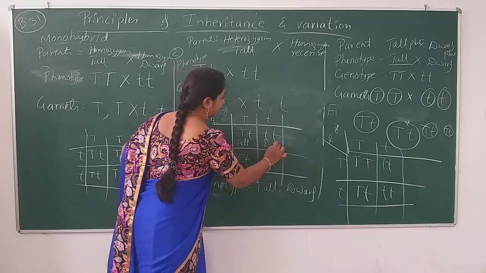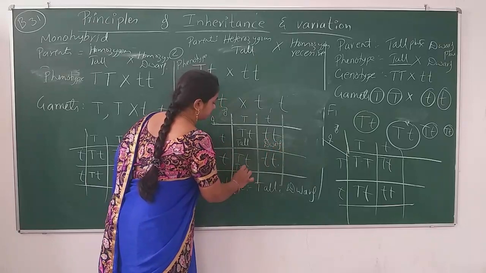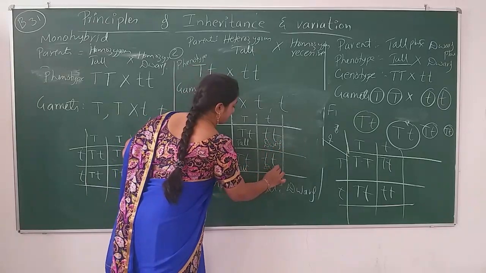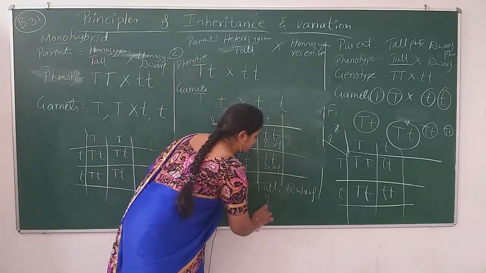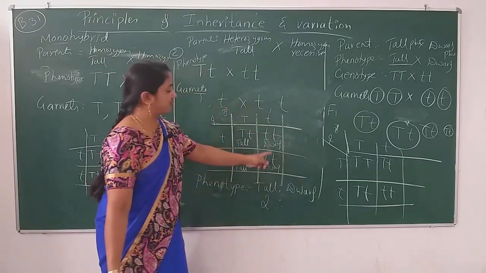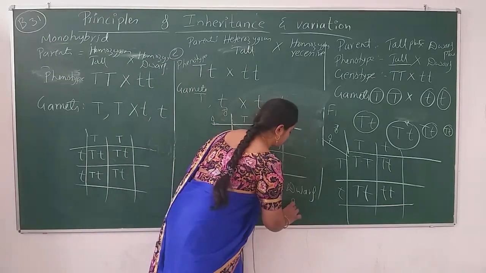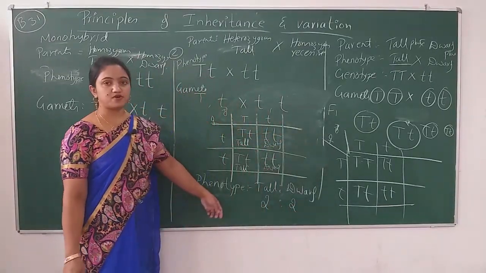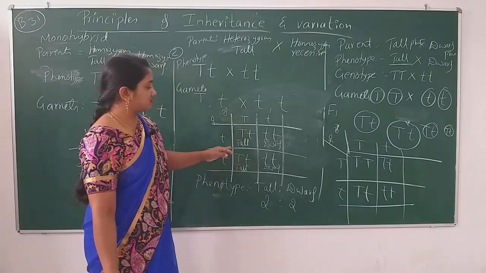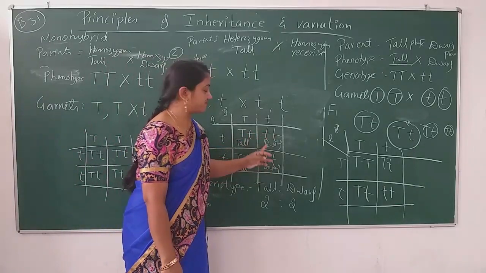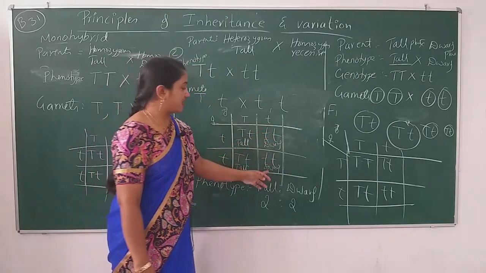This is tall and this is dwarf, this is tall and this is dwarf. How many dwarf plants are there? 2. So 2 is to 2. 50% of the offspring are tall plants, 50% are dwarf plants.